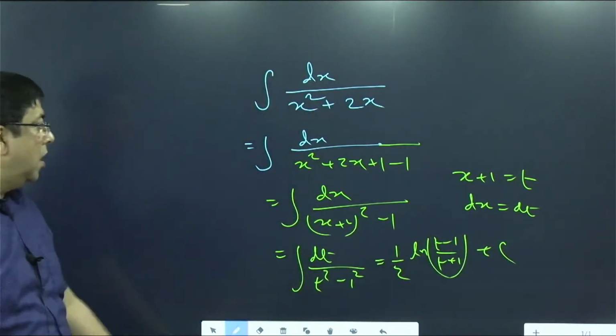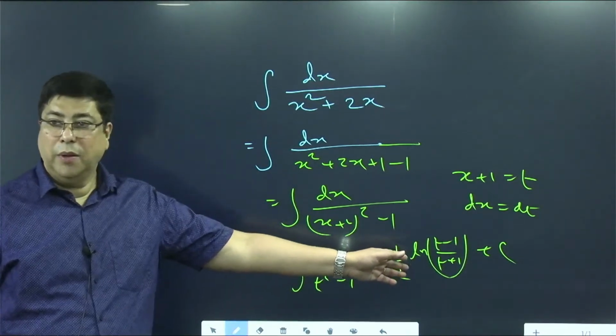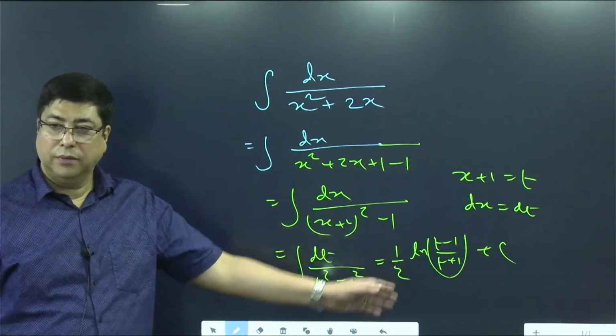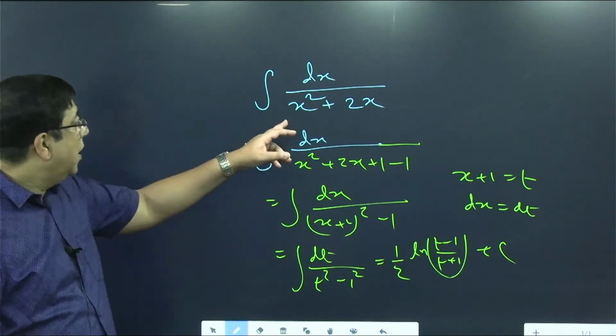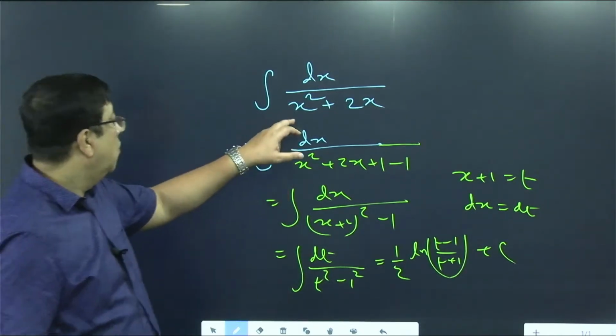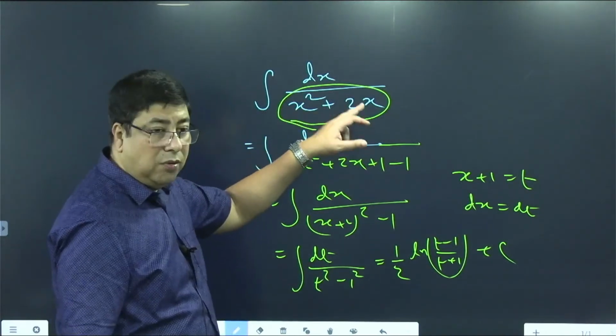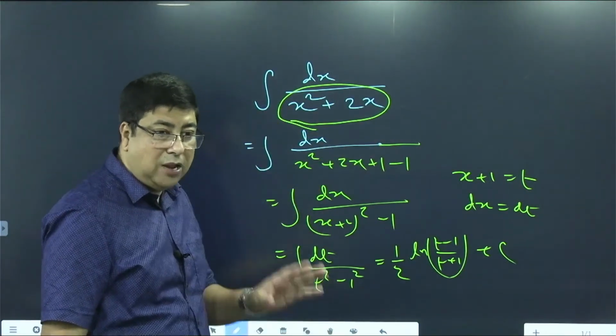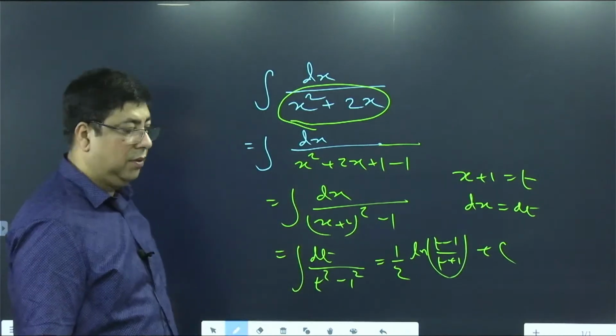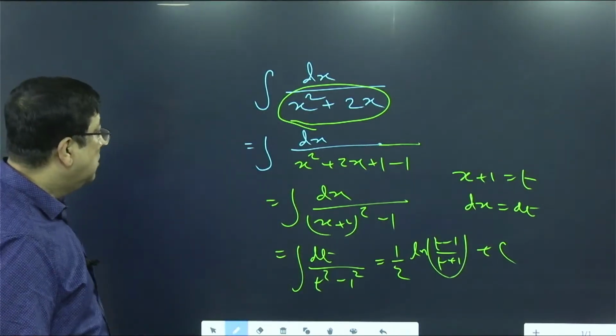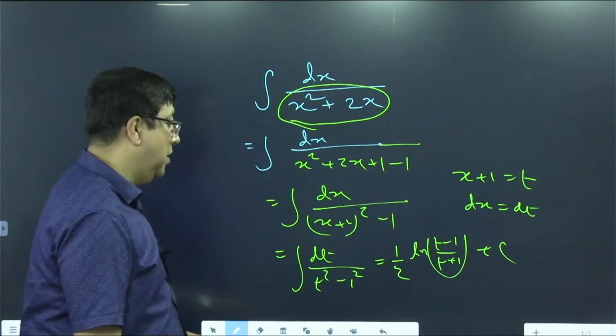Sum is over. Now, instead of t, put the value. Concept clear already? It means whenever there is a quadratic function, absorb all the x to make a whole square. Outside the whole square, there should be only constant. Remember this, everybody. Regularly, frequently we need this.